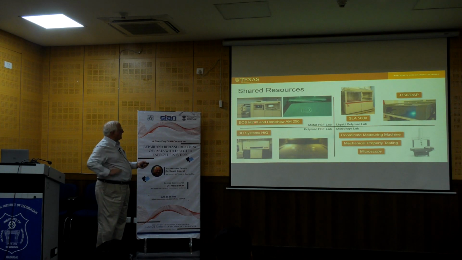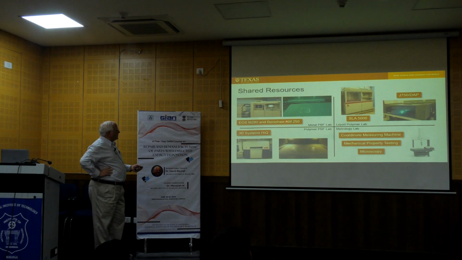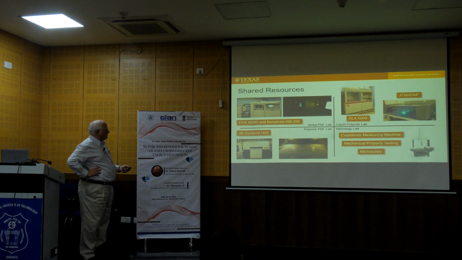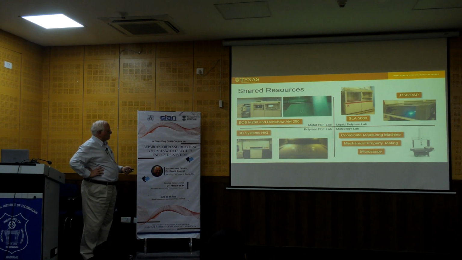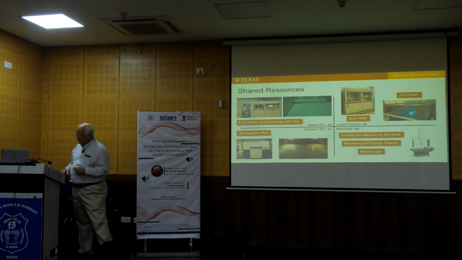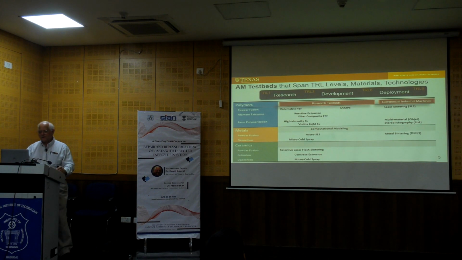We've got an EOS M280 and a Renishaw, both additive powder bed fusion machines. We have 3D Systems, and a HiQ, an old piece of equipment for polymer powder bed work. And we also have an SLA 5000 and the J750 for liquid polymer polymerization. And then we have the usual university support facilities as well.